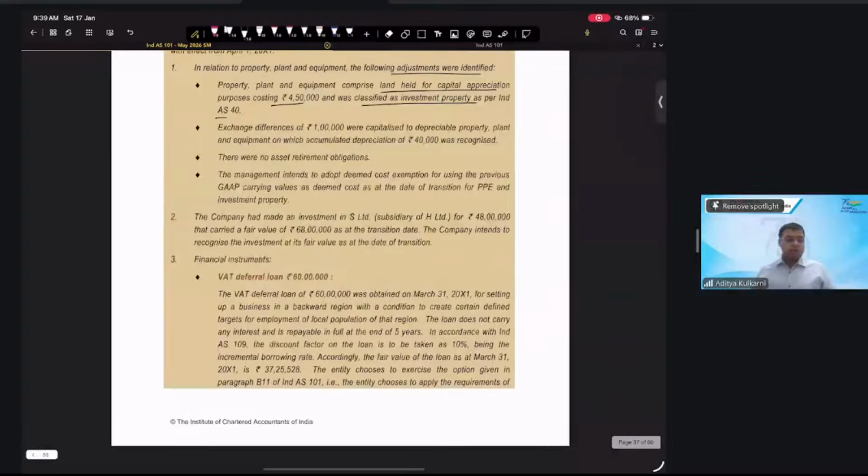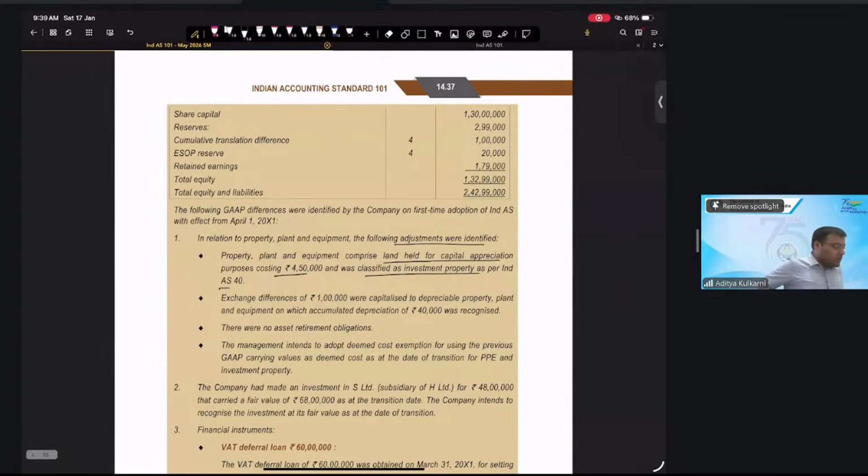Okay, fine. So adjustment 1, what do we do? We will classify this investment property as held for sale as per AS 40. नहीं, not held for sale, classified as investment property. पहले कहा था it was forming part of property, plant and equipment.